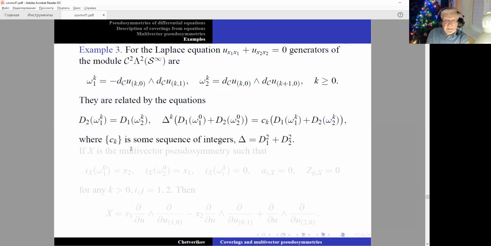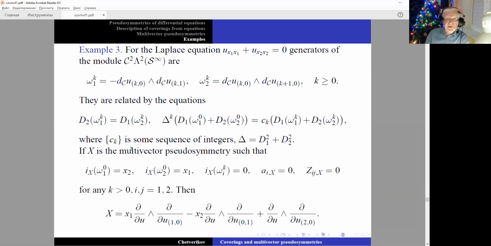If, for example, X is a multivector pseudosymmetry of this form, then X is a pseudosymmetry of this form.